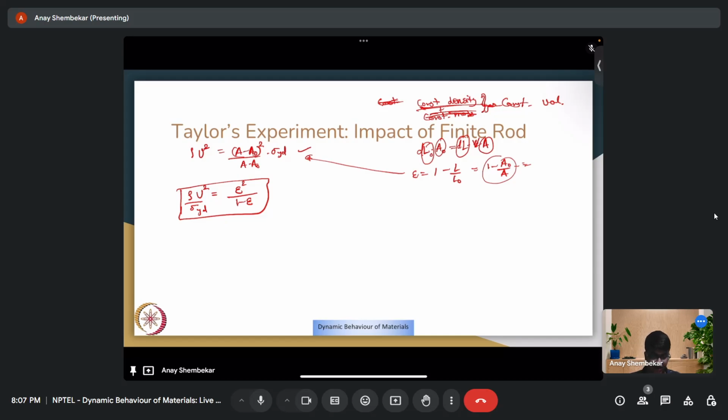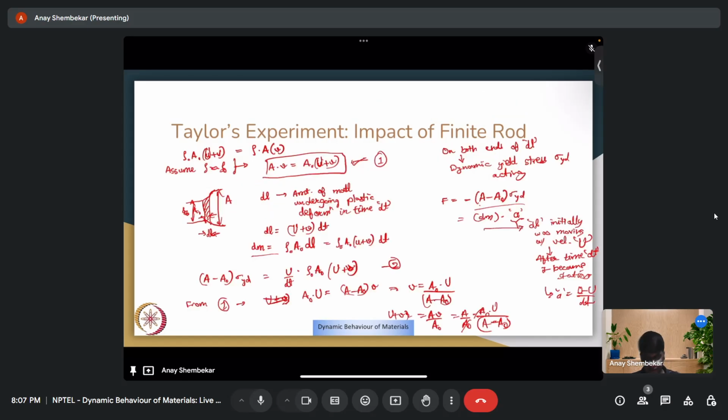We have assumed constant density, so the stress is high but not so high that there are changes in a small infinitesimal volume.